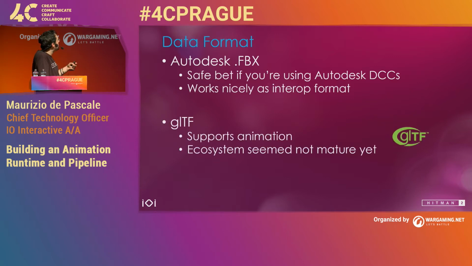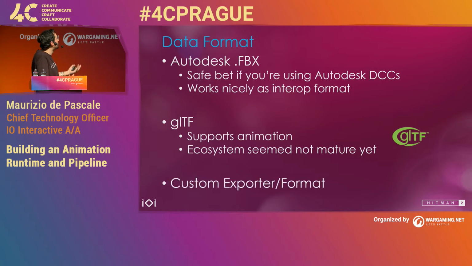There's a new kid in town that has been emerging recently. It's called glTF, glTransfer format, I believe. We looked into it, but I think it's still not mature. And when it comes to animation and rendering, I've seen so many standards failing to really become standards that I'm not exactly holding my breath for any one of these to succeed.